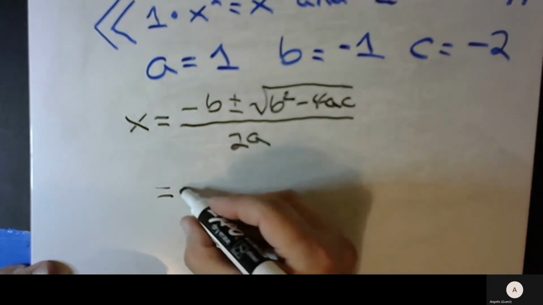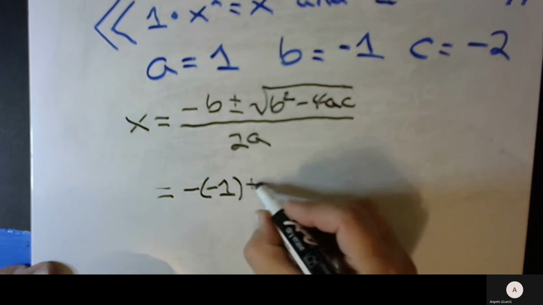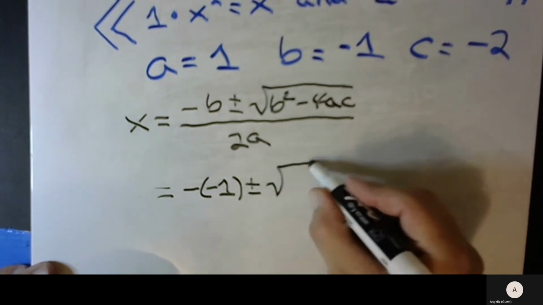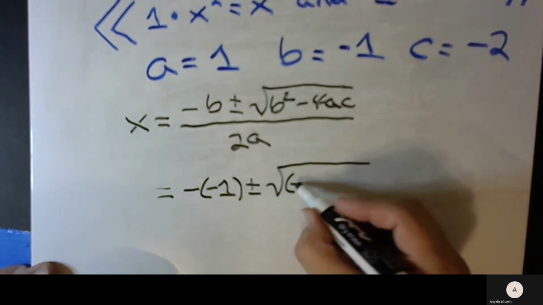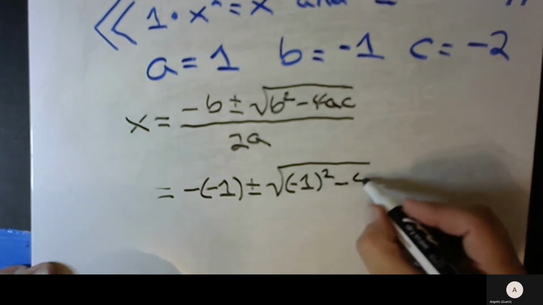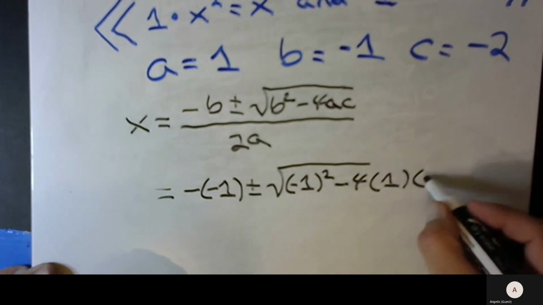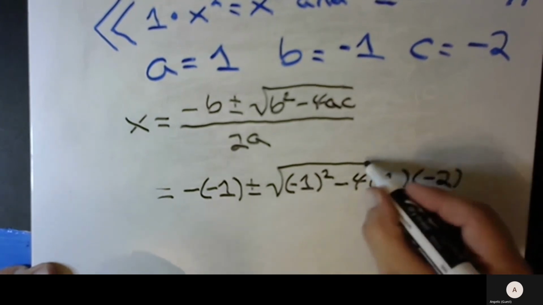We're going to get negative 1 plus or minus square root of negative 1 squared minus 4 times 1 times negative 2.